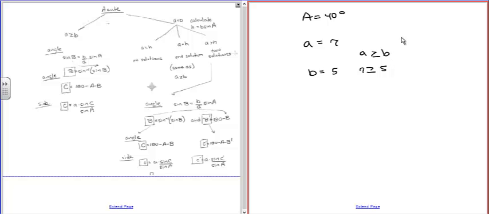Now, again, we could try to draw this thing. So let's have a horizontal side. Here the angle is 40 degrees.